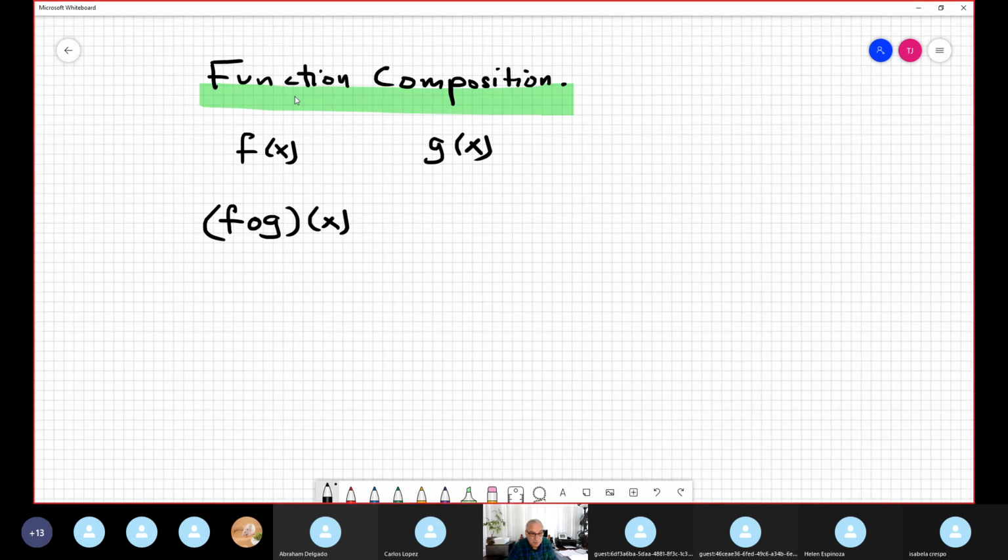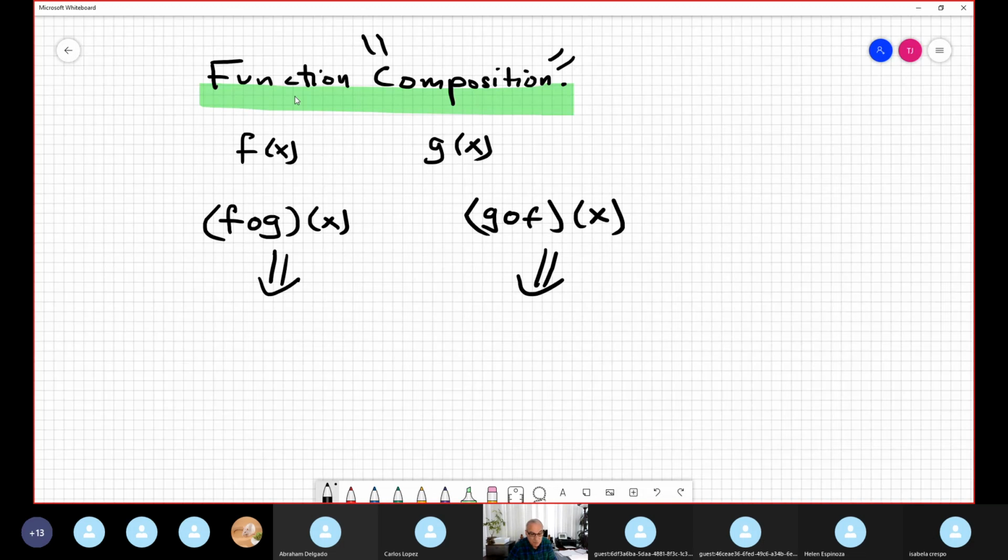This symbol looks like zero, but actually it's not zero, it indicates composition. The order is extremely important. This is equivalent to expressing this.